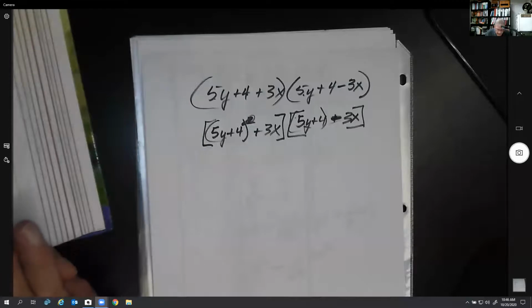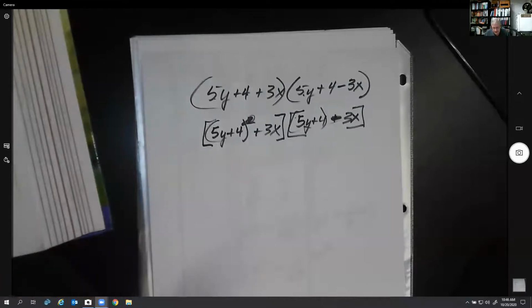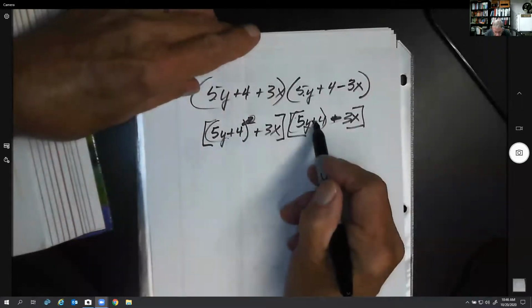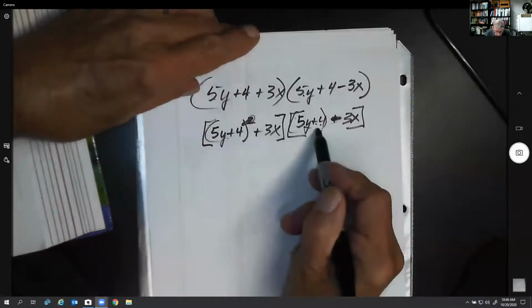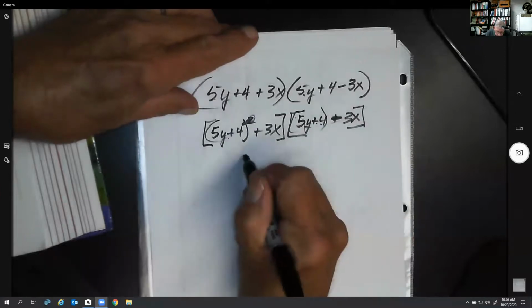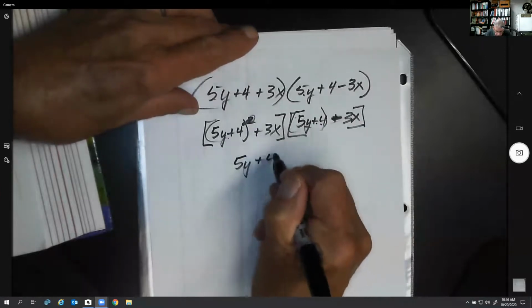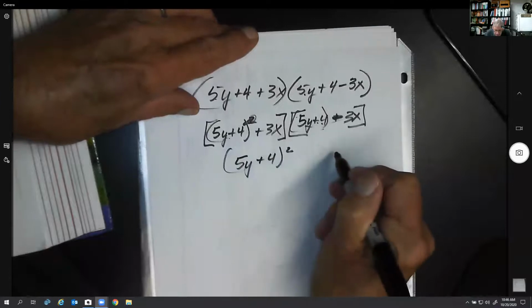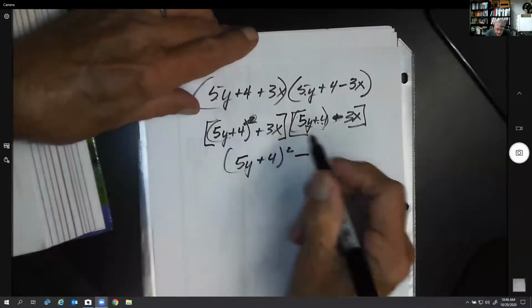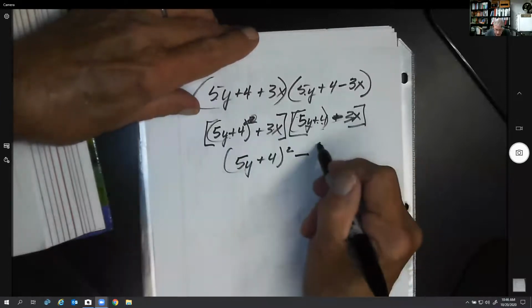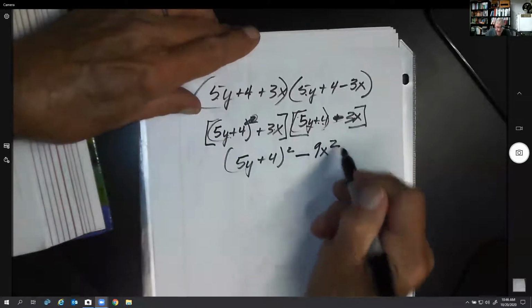So I see difference of squares in here. And 5y plus 4 and 5y plus 4, well, that's 5y plus 4 squared, minus 3x times 3x is 9x squared. That's what I see here.